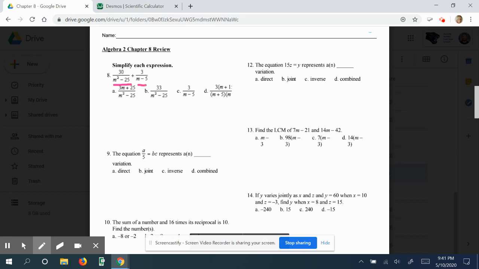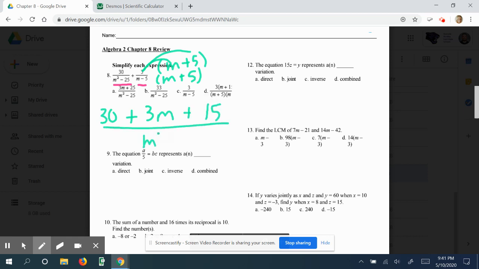Well, we know we can change m minus 5 to be m squared minus 25 by multiplying it by m plus 5. It's a difference of squares. And if I do that to the bottom, I have to do it to the top. And so basically what I get is 30 plus, now I distribute, 3 times m is 3m, plus 3 times 5 is 15, all over m squared minus 25.